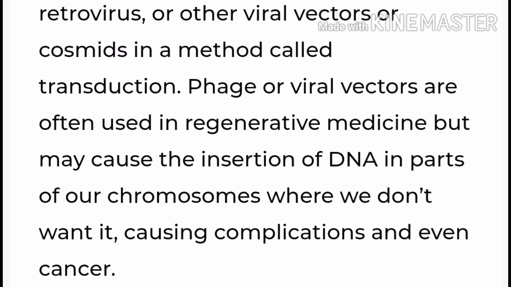Phage or viral vectors are often used in regenerative medicine but may cause the insertion of DNA in parts of our chromosome where we do not want it, causing complications and even cancer.